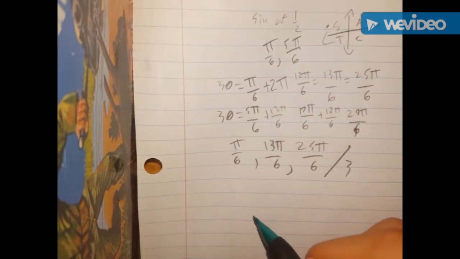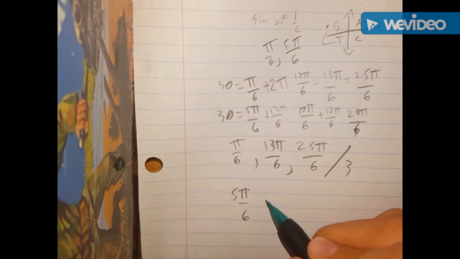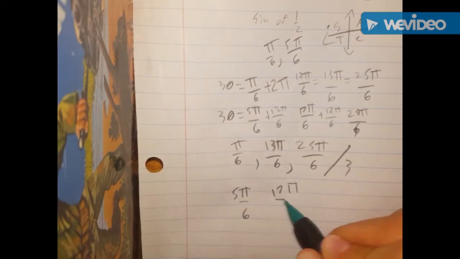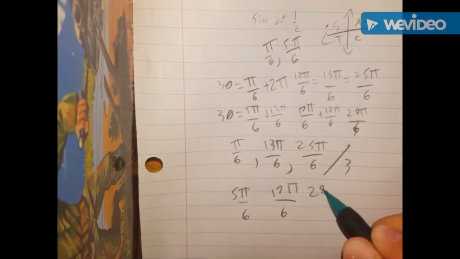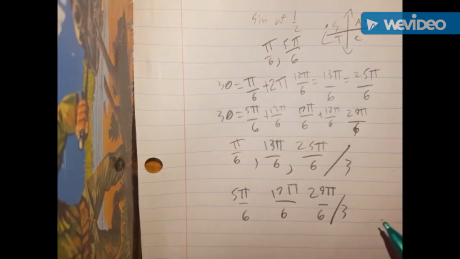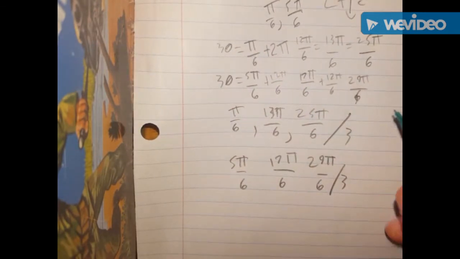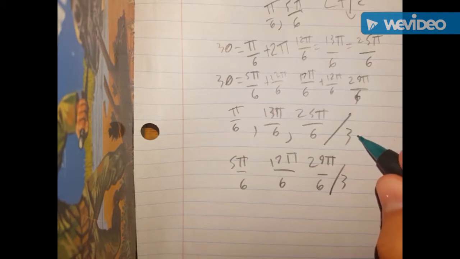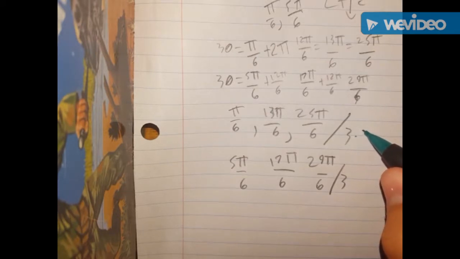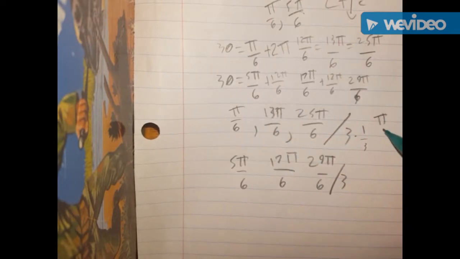And then we've got on the bottom 5 pi over 6, 17 pi over 6, and 29 pi over 6 divided by 3. And then when we divide by 3, it's the same as multiplying by 1/3. And when we multiply this by 1/3, we get pi over 18.